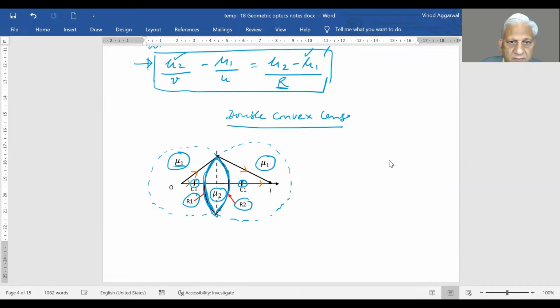This C will be for this surface. We have an object here. If we place an object here, a ray goes like this, gets refracted, comes here, and we have another ray coming this way. So what we get is an image here.